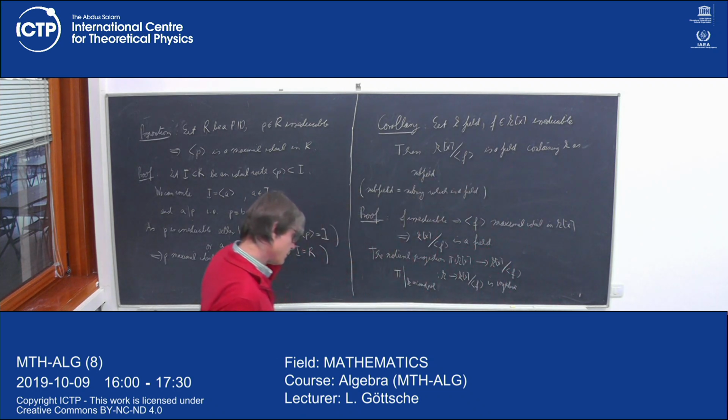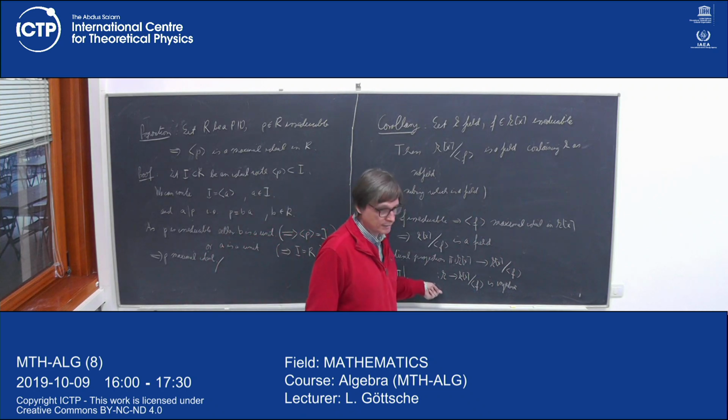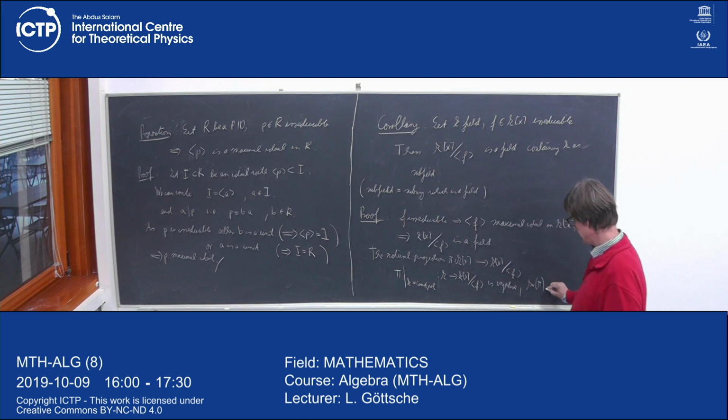Anyway, as it's a homomorphism of fields, it would have to be either the zero map or injective, but it's anyway injective because the kernel of P intersected with K is just 0. No?